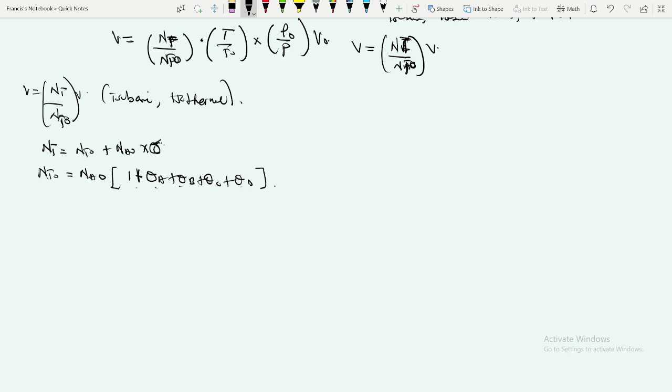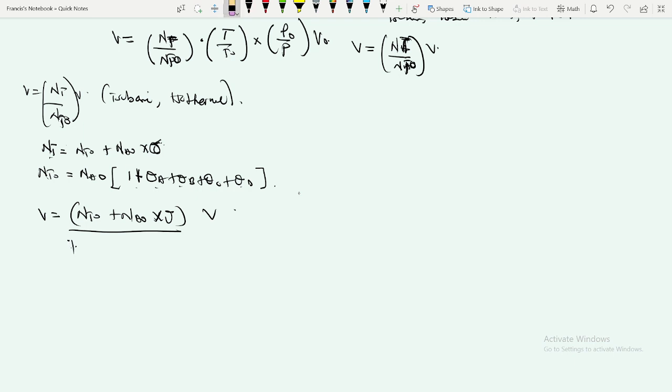So when you want to find the ratio between them, you can just put in V is equal to, our Nt is Nt naught plus Na naught x times V all over Nt naught. Or you can just put in Nt naught here.